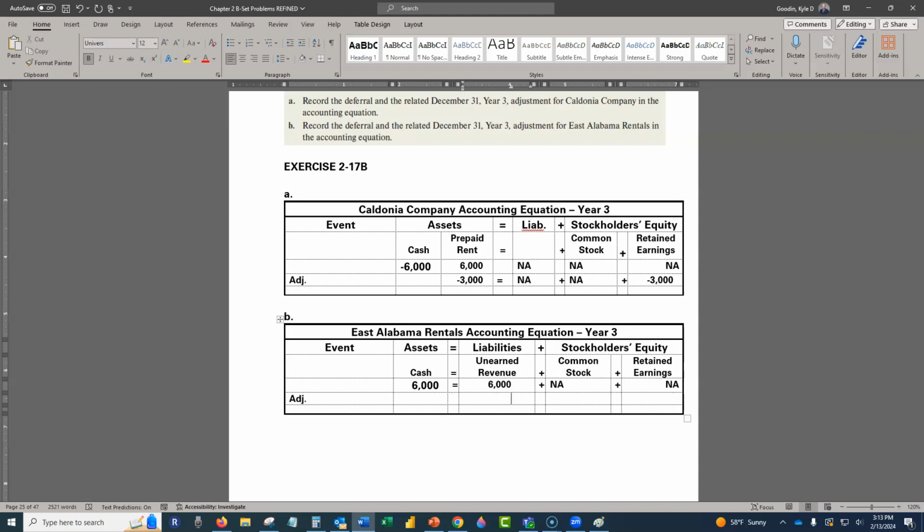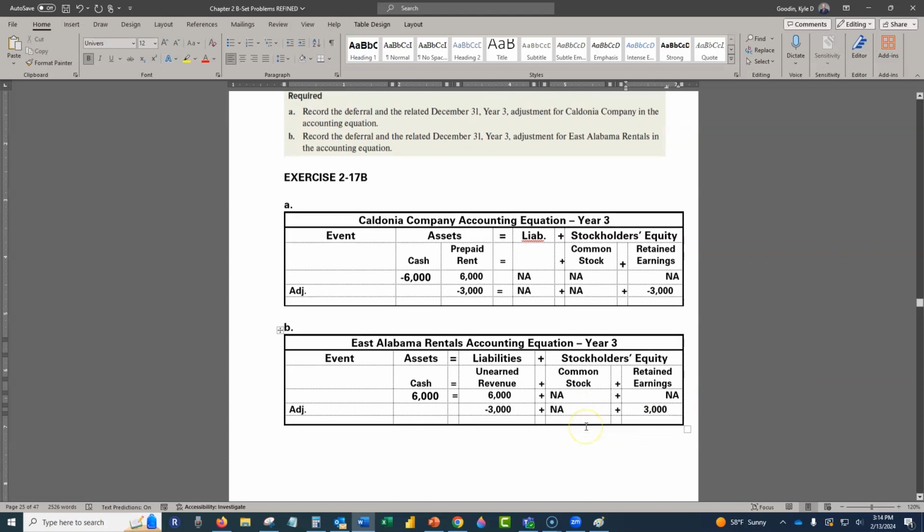Now, at the end of December, we're going to reduce this liability by $3,000 because we have performed our service. We have performed the duty that we need. Okay, and this is actually going to be an increase in retained earnings to us because this decrease in that unearned revenue liability is an increase in the revenue, which increases net income, which increases retained earnings.